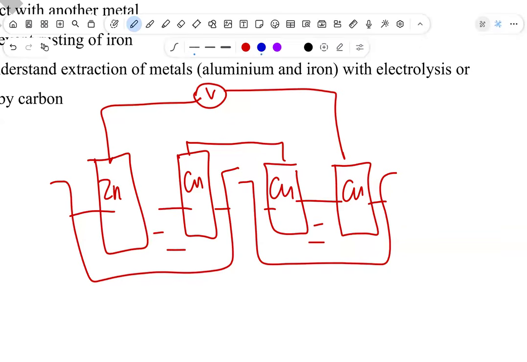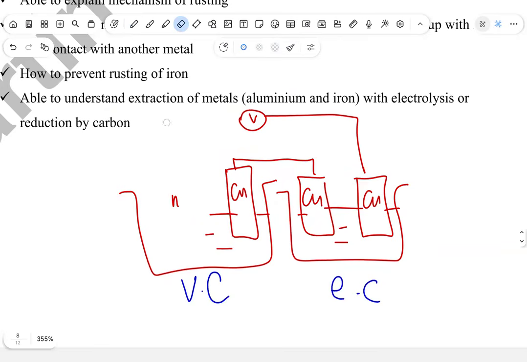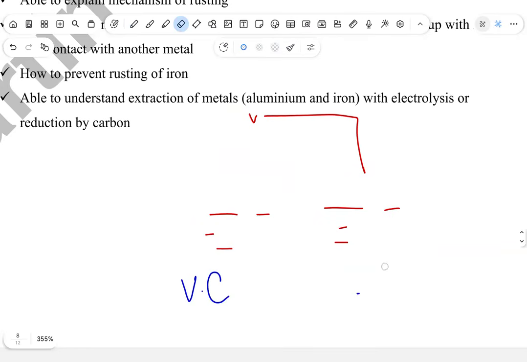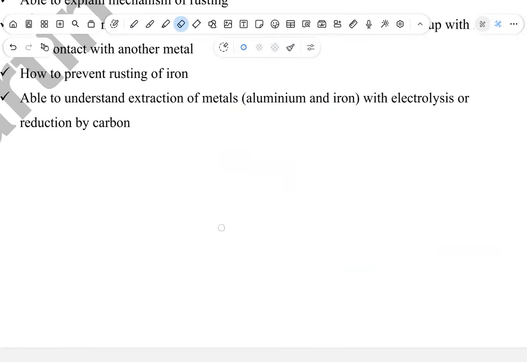When you get the question, you can see the electrodes are two different materials: voltaic cell. Same material: electrolytic cell. So this question combines voltaic cell and electrolytic cell. That's the combination of it. So this is called a two-in-one question. I hope everyone is okay with it.